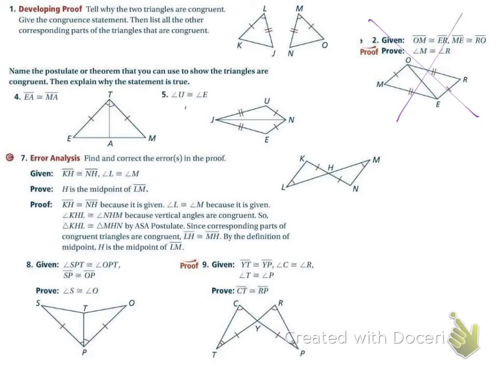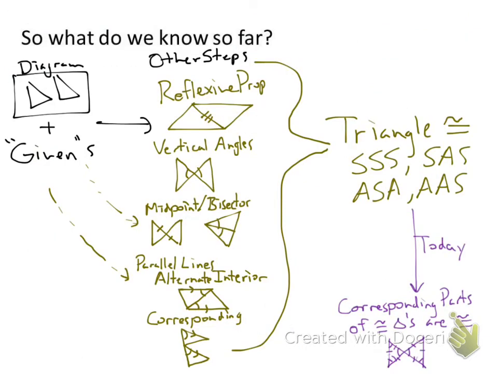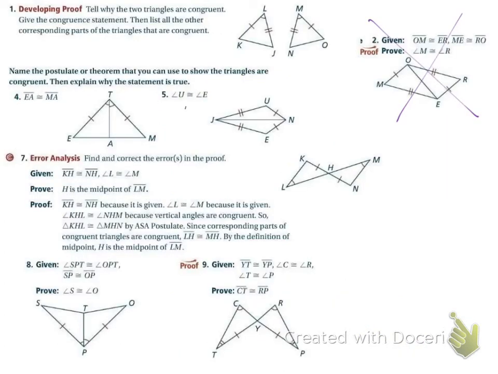Getting ahead of yourself. Go back, right here. Which of these shows up on 5? Reflexive. So we'd go reflexive, side, side, side, and then angle U is congruent to angle E by? Fantastic. We got that. That one's gone.